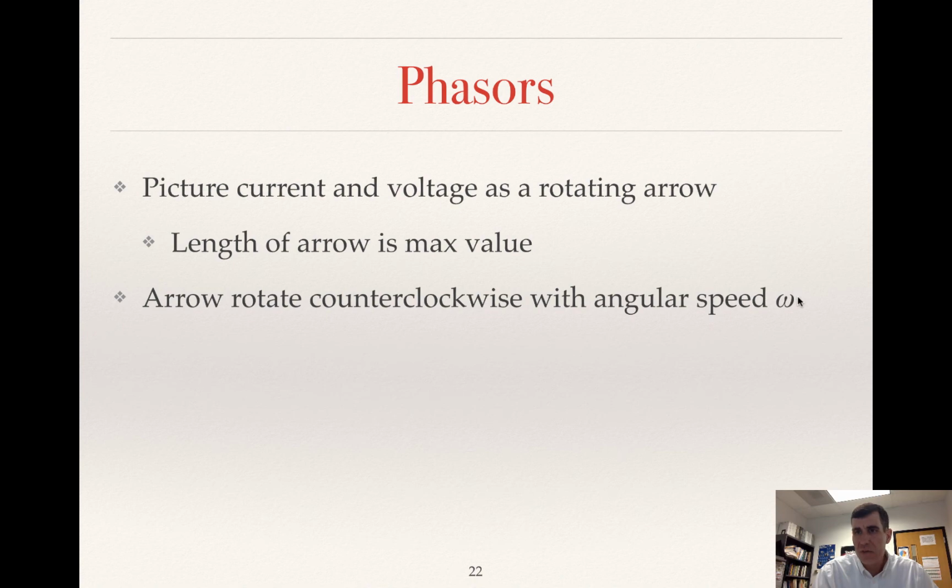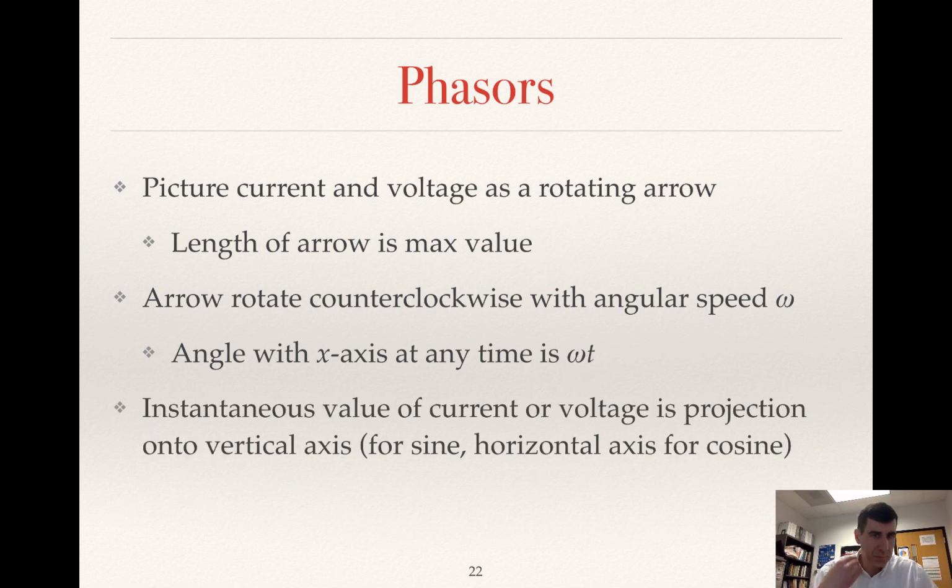And this angular frequency omega is the same omega as in that sine omega t term. So the angle with the x-axis at any time is just omega times t. Remember, angular speed is angle divided by time, so angular speed times time just gives you an angle.